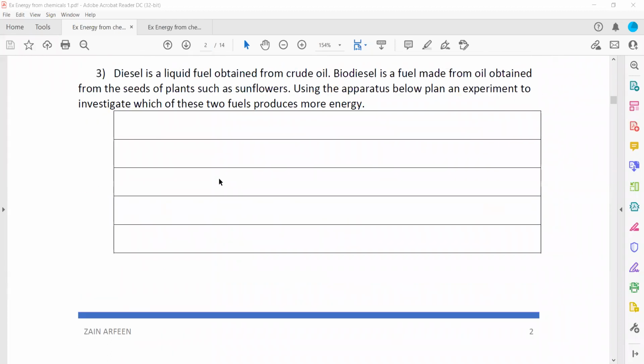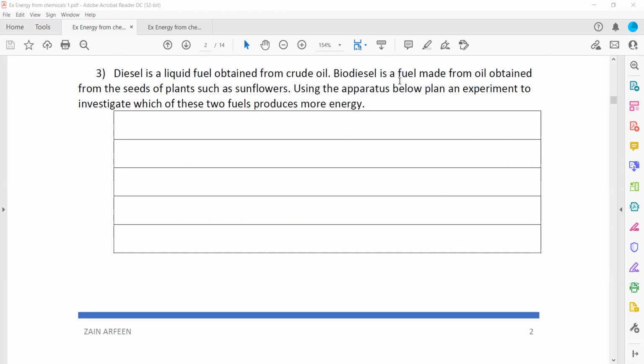Then question 3, it's a similar question. Diesel is a liquid fuel which is obtained from crude oil. Crude oil is actually a mixture of different types of oils, which consists of diesel, petrol, and kerosene.